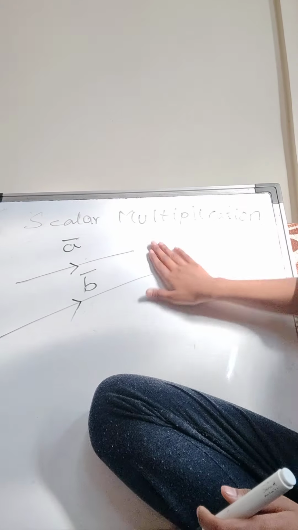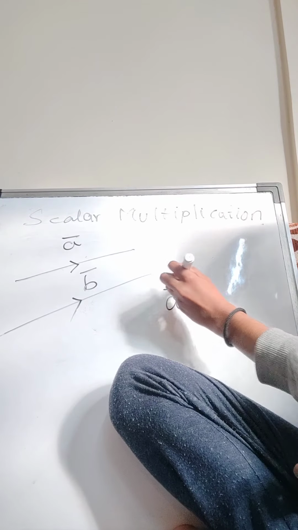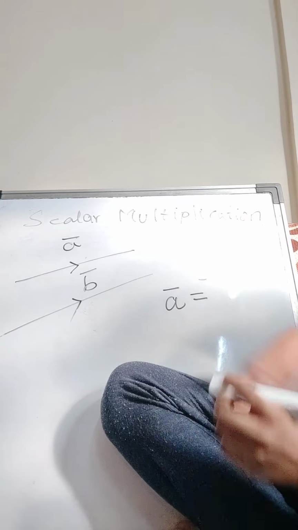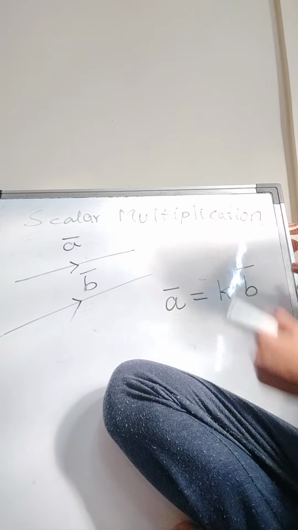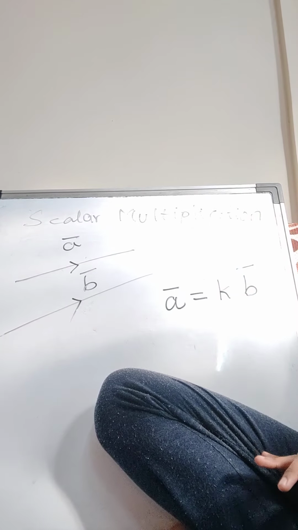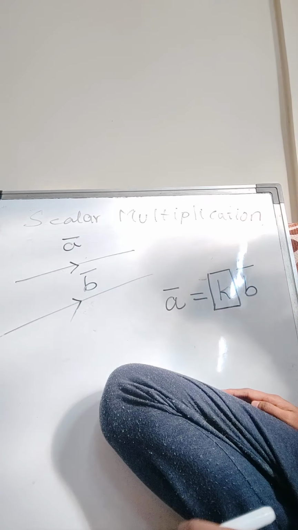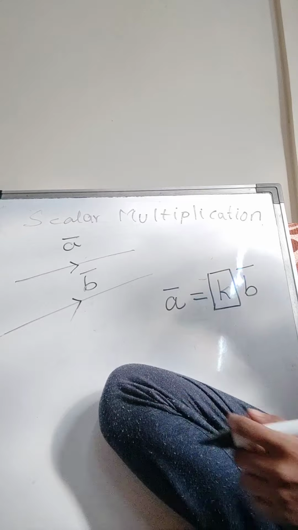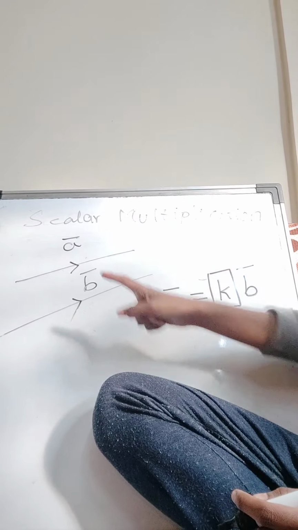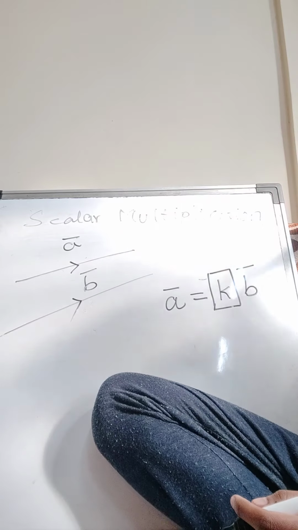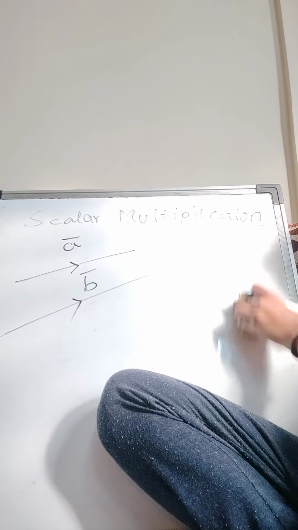Okay, so you can write this as A is equal to K times B. I've written it in the exact opposite, I'm sorry.